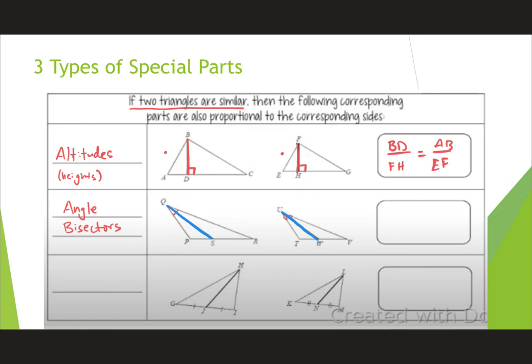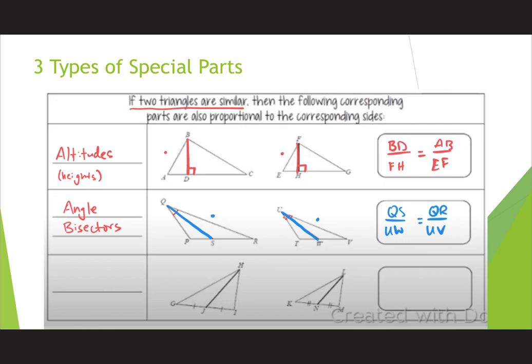So in this case, we're going to have QS over UW is proportionate to, I'm going to pick these two corresponding sides, QR over UV. Angle bisector, proportionate to corresponding sides.